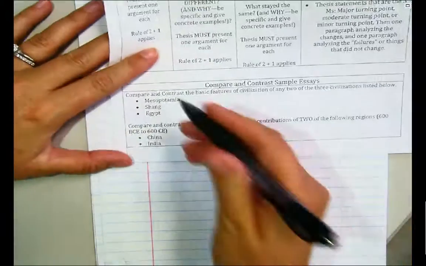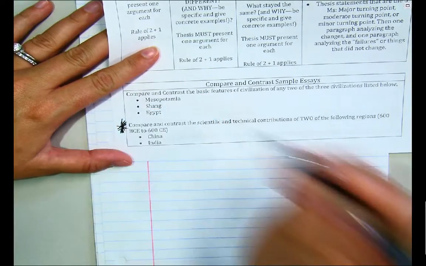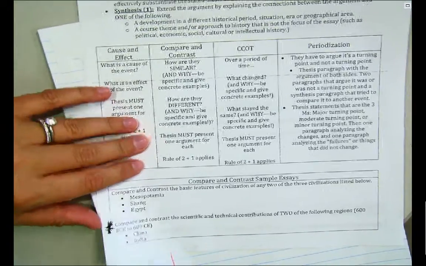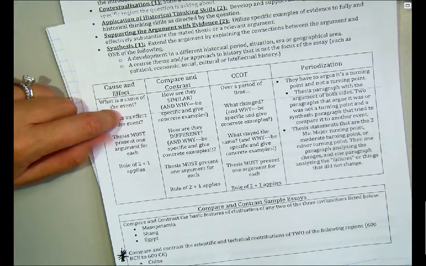Okay, so we are going to be writing a compare-contrast because it is the simplest and the basic format. When we do a compare-contrast, okay, it's going to have a little bit of a different formatting than a cause and effect. Does that make sense?